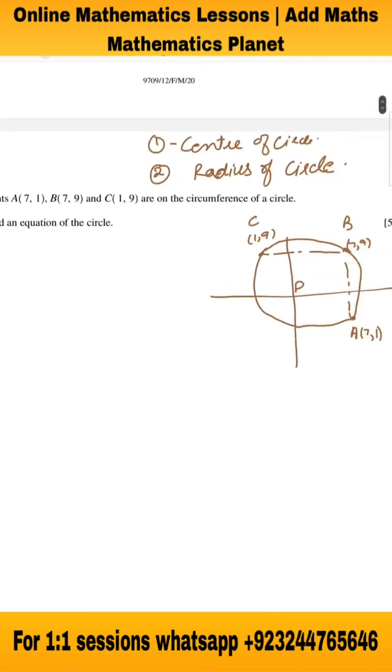So P is the point of intersection of the perpendicular bisector of BC and AB.